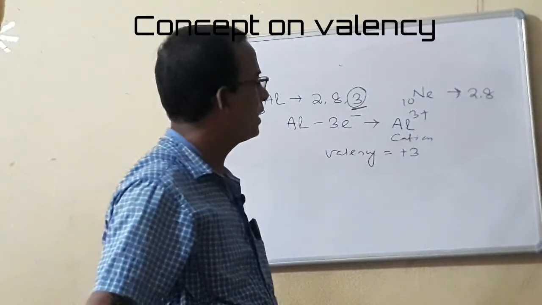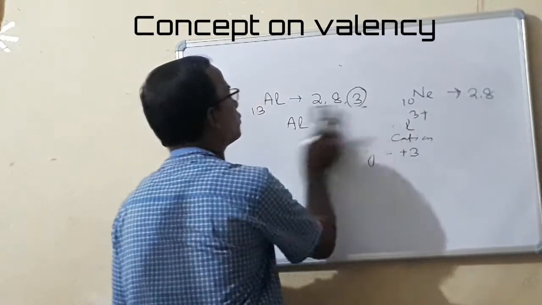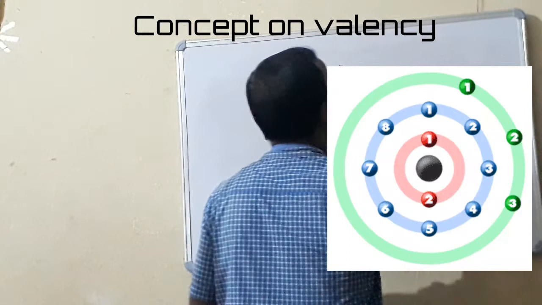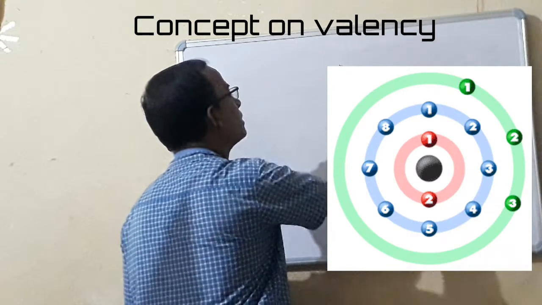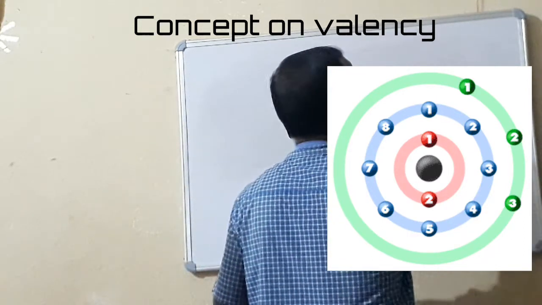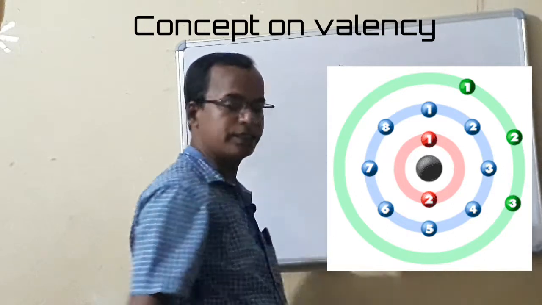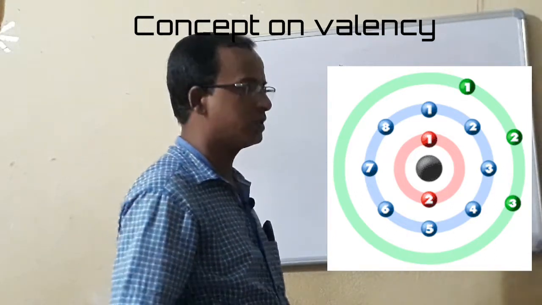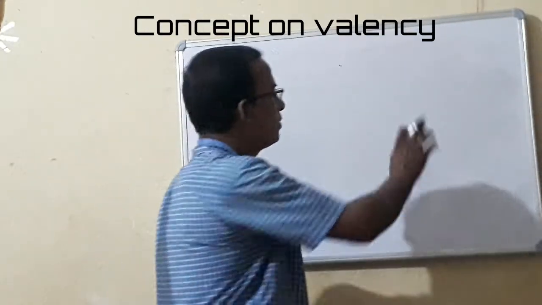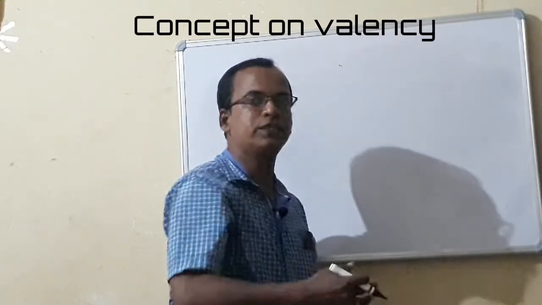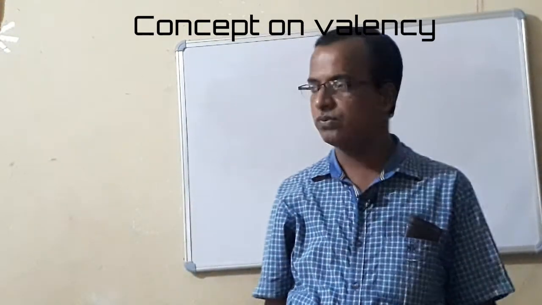Its orbital structure diagram shows the first shell contains 2 electrons, second shell 8 electrons, and third shell 3 electrons.